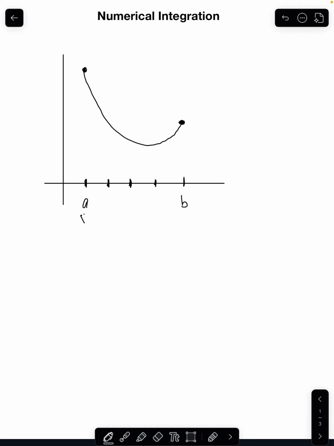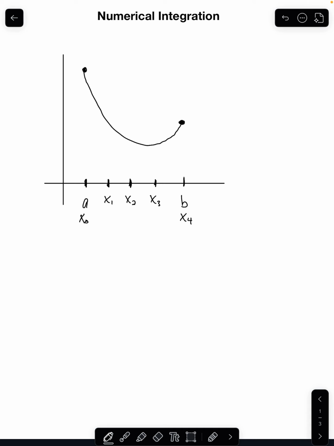So let's look at an example of a curve. We'll use a similar one to what we saw in the previous video. And again, just to make it doable on the size of this graph, we will split it into 4 subintervals.